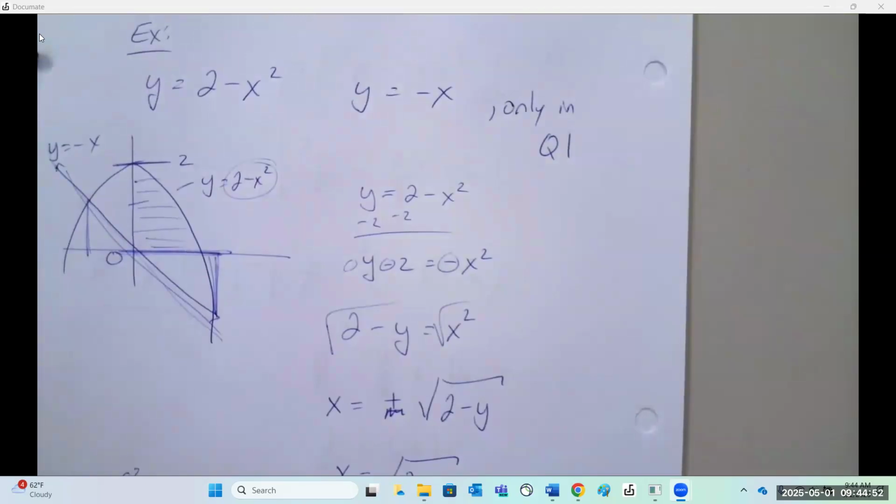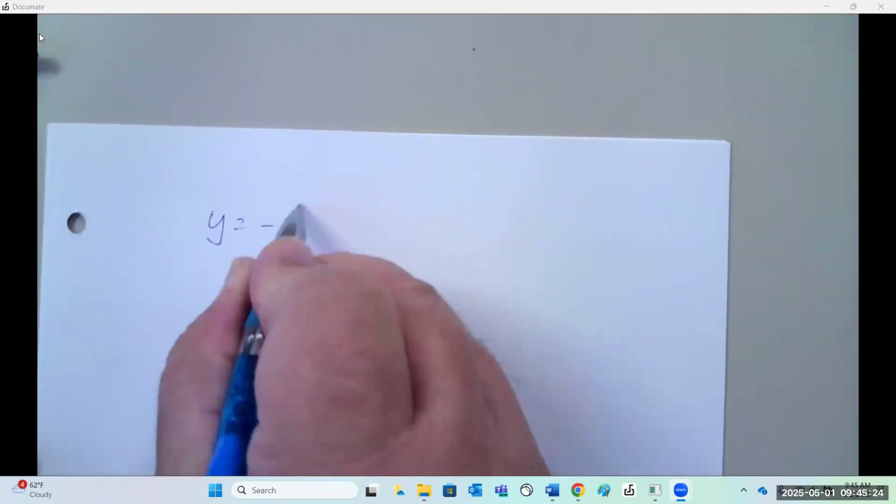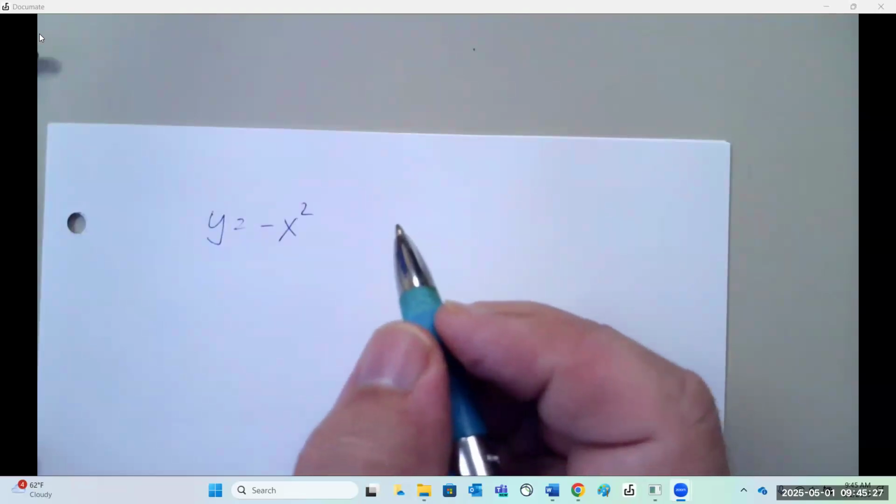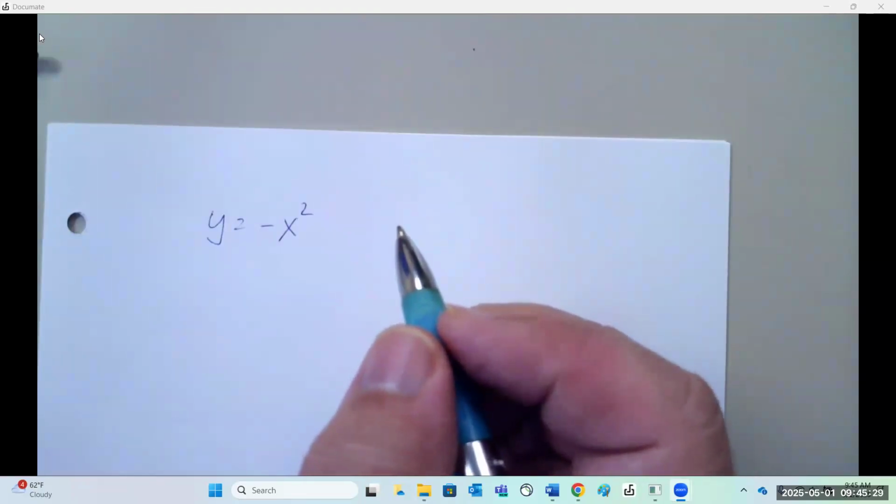No, I'm saying that when they ask, like the question here, y equals 2 minus x squared, what happens if it was just y equals negative x squared by itself? No, if they ask a different question, like if it was y equals negative x squared and y equals x. Yeah, just like that. What happens if they ask that question?